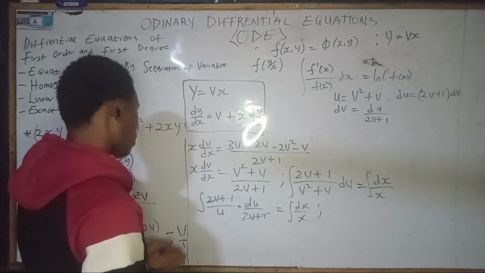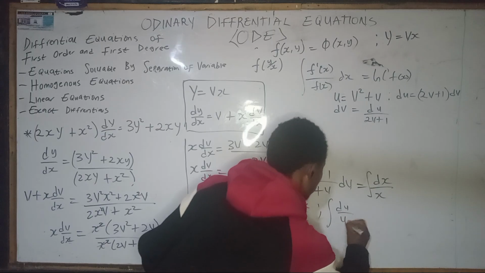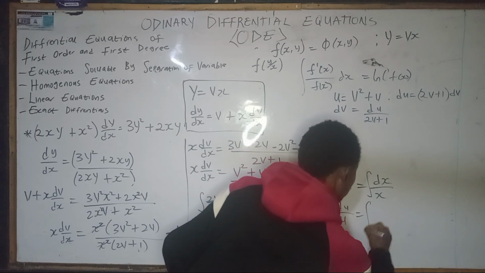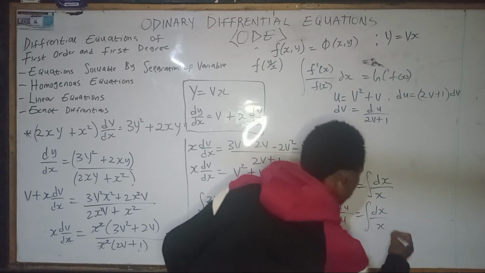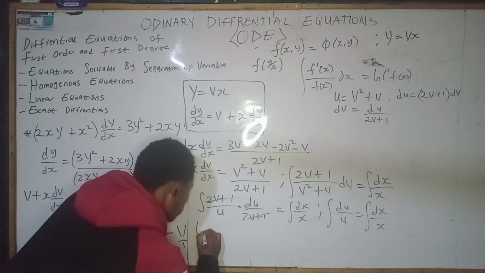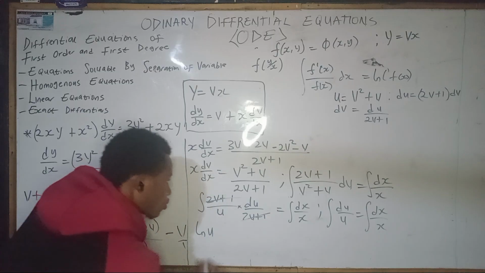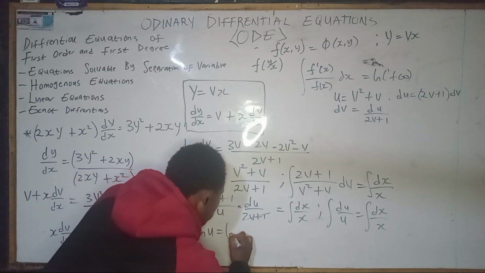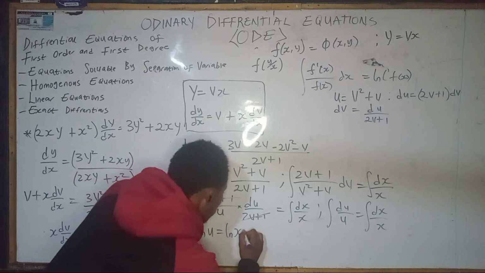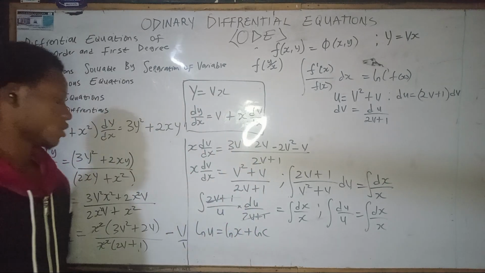If we continue, the integral of du over u is equal to the integral of dx over x, and this leads to ln u equals ln x plus ln c.